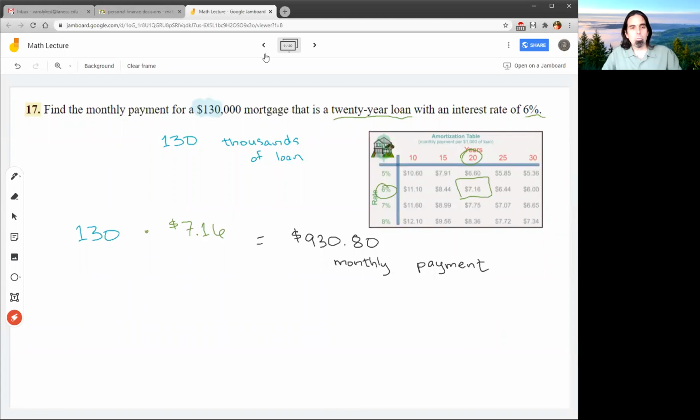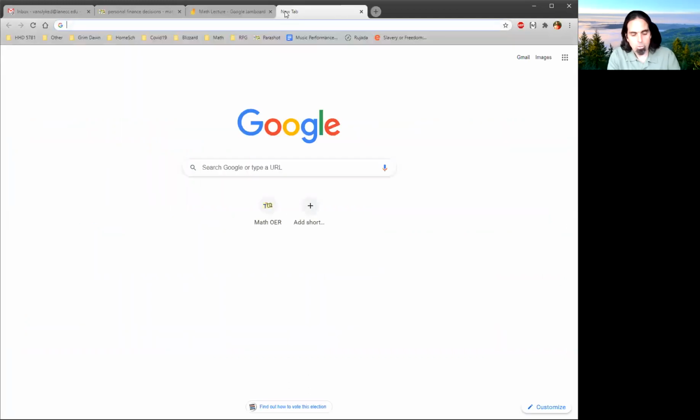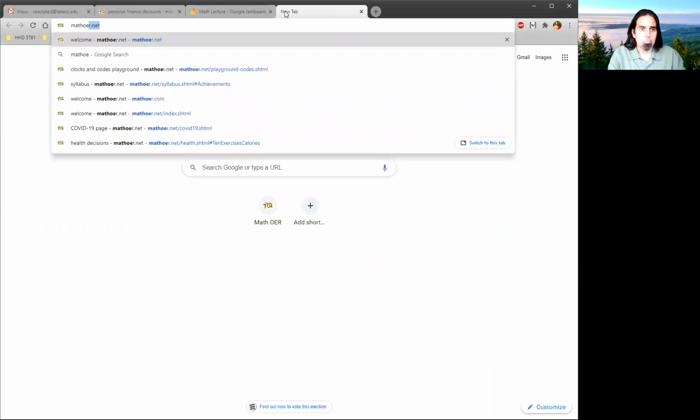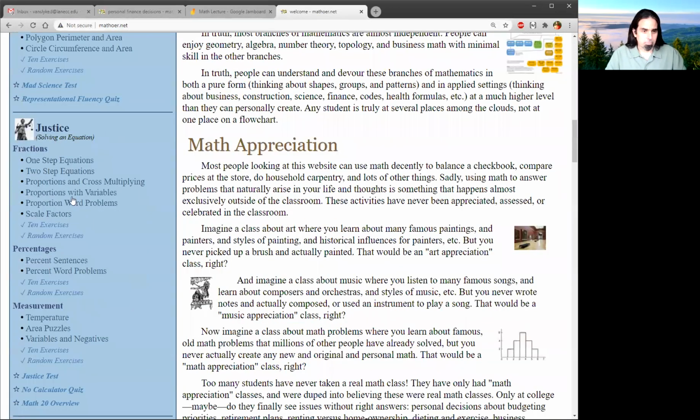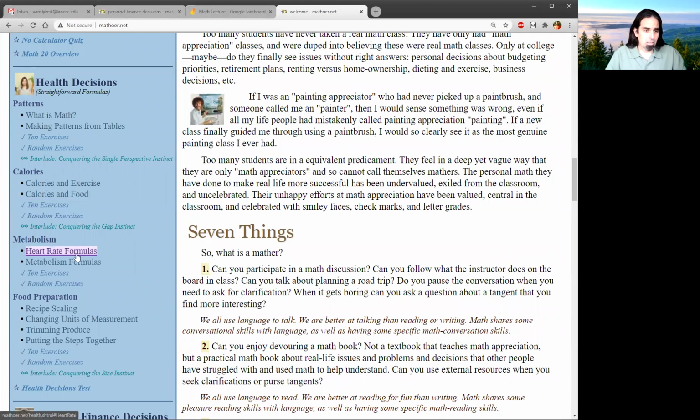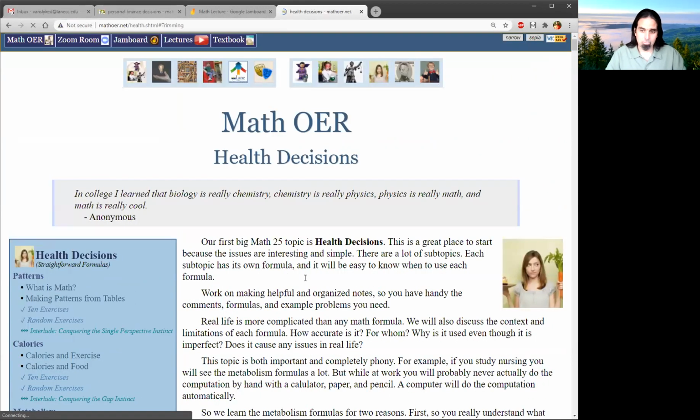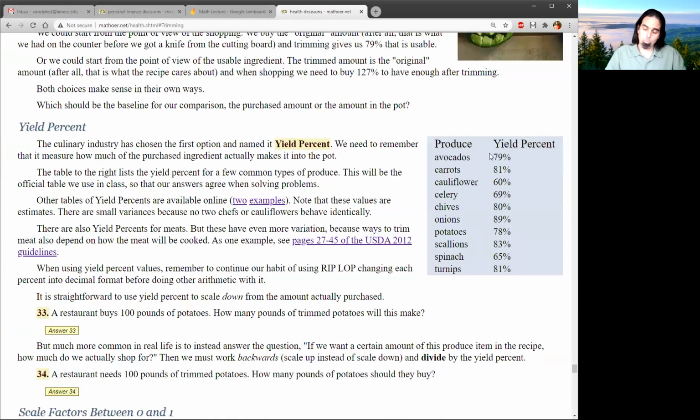And we've seen this before. When we went to the calories and trimming produce, the yield percent was designed to go from the store to the pot. If we buy 200 pounds of carrots, 81% of that will go in our giant stew to feed an army.